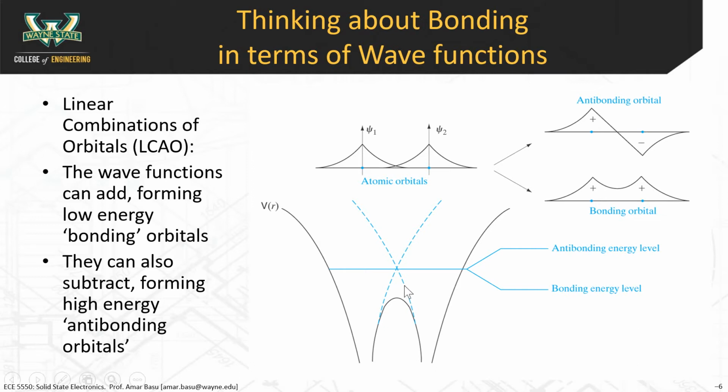So if you were to add up the potential function of one nucleus, and add the potential function of another nucleus, the combined function that you would get would look like what's in black here. So your potential field that you plug into the Schrodinger equation now looks like this, instead of the single atom potential field that you saw earlier.